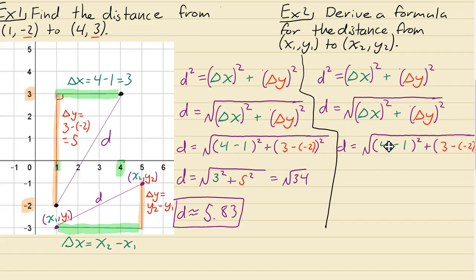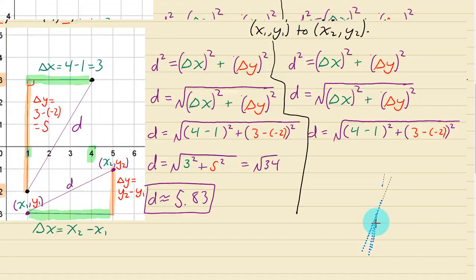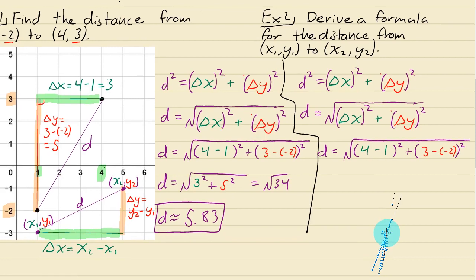Same thing as before. It's just that now we're going to call this, the delta x is, we're going to write it as x2 minus x1, so that now it can be written in terms of the x and the y coordinates, like I was saying.